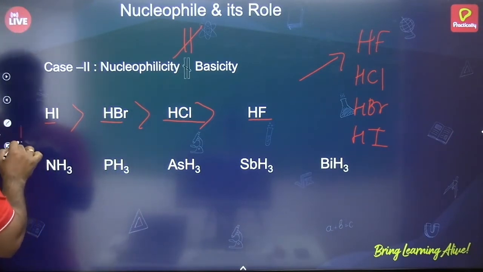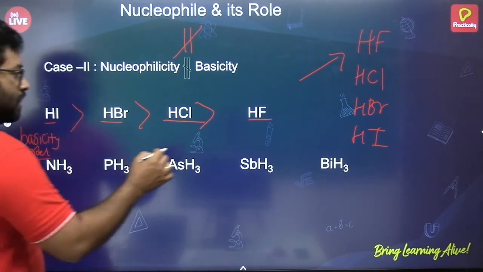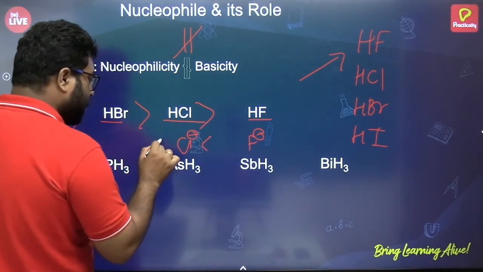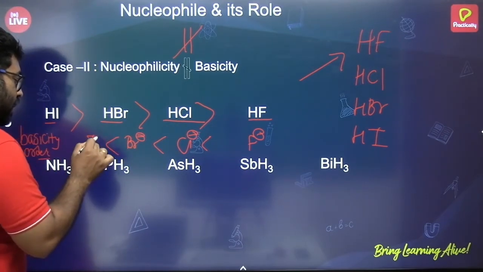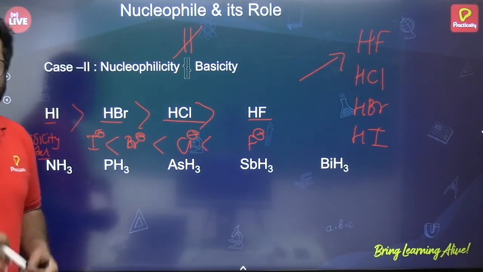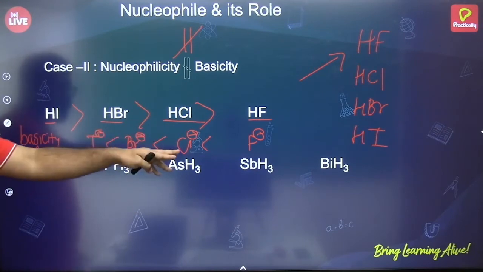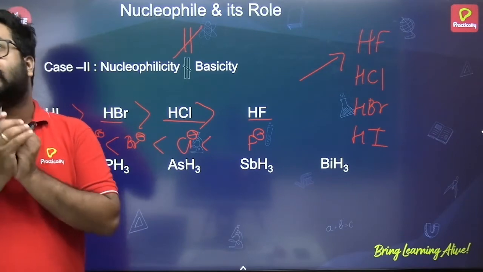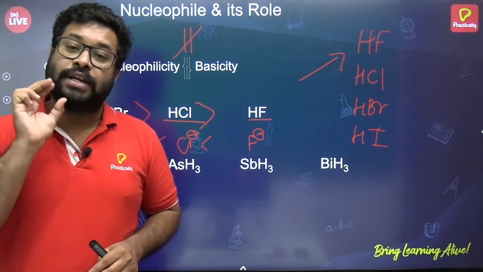Then what should be your basicity order? Your basicity order should be F minus, Cl minus, Br minus, and I minus. Why do you have this order? It is obvious that the intensity of negative charge would be more on fluorine. Why? Because fluorine is small in size.